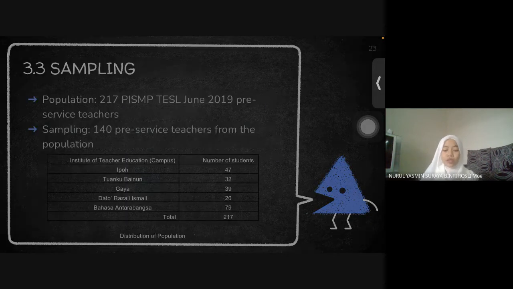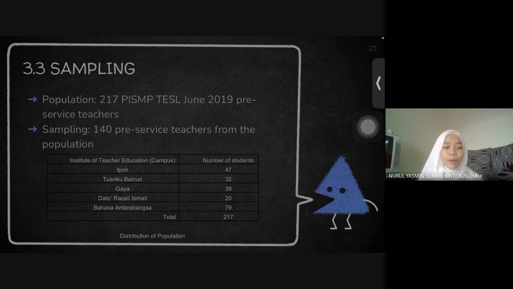So next we will look at the sampling of this research. So the population of this research is a total of 217 PISMP TESL June 2019 pre-service teachers from Institute of Teacher Education in Malaysia. However, not all of the Institutes of Teacher Education all over Malaysia have PISMP TESL June 2019.